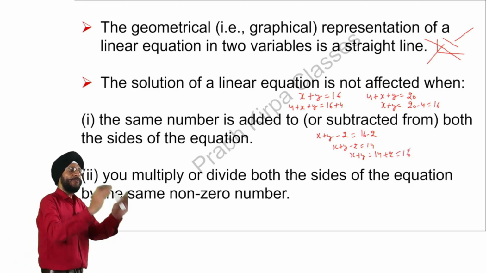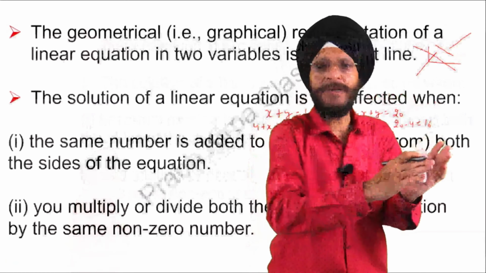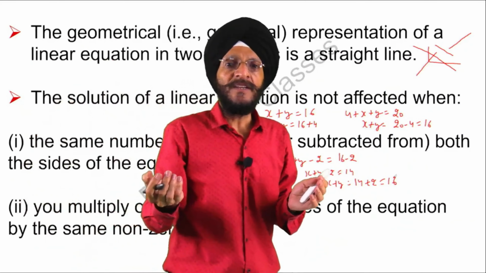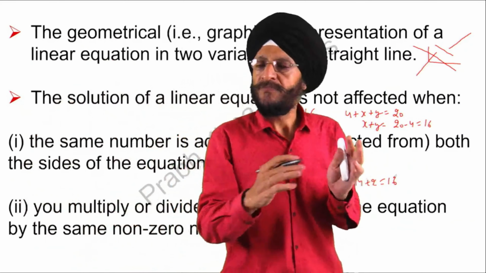That is, if we add the same number or deduct the same number from both sides of the equation, that is the left hand side and the right hand side, no effect is made on the linear equation. In the same way, if we divide both sides of the equation, that is the left hand side and right hand side, by the same number, then it will also have no effect.